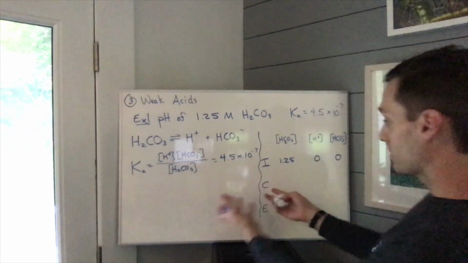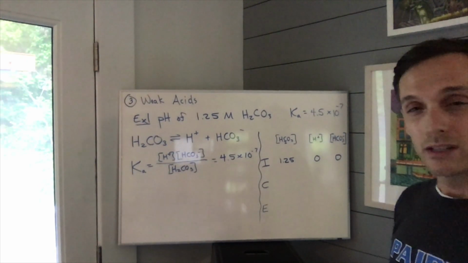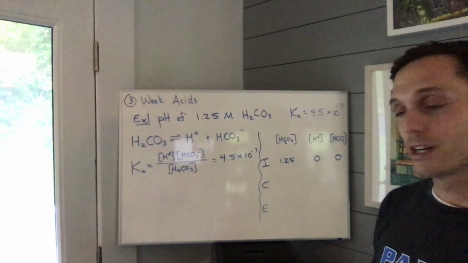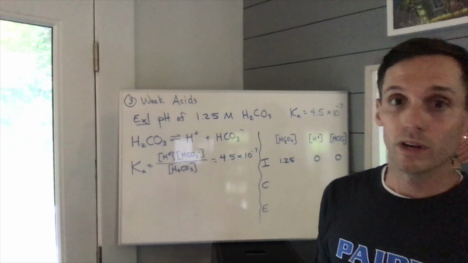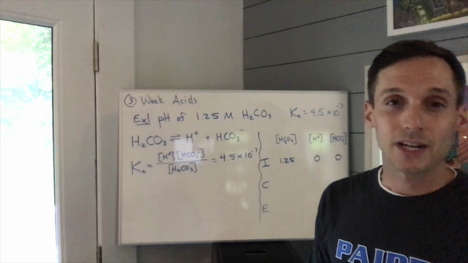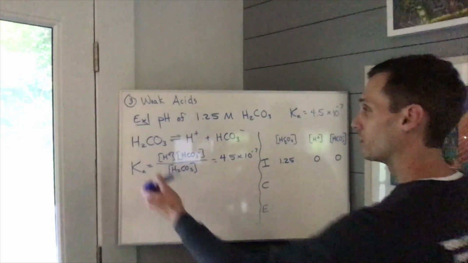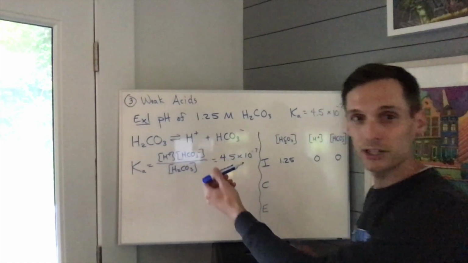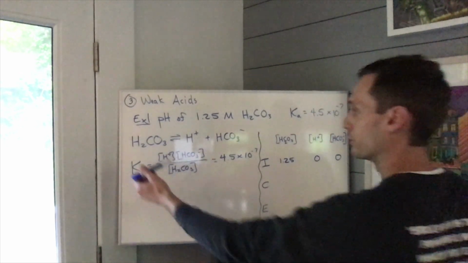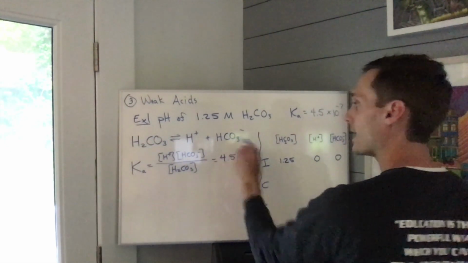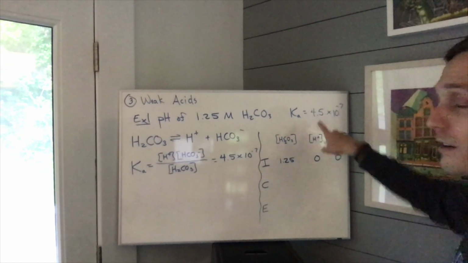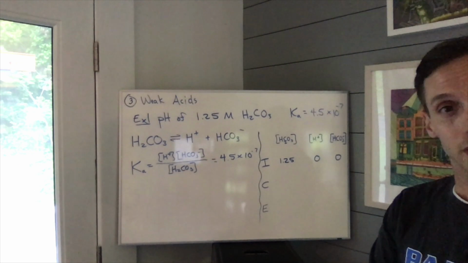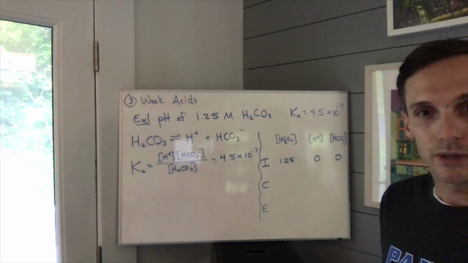Now, the C row is the change, so now we're going to let this reaction occur. In order for it to get to equilibrium, what reaction is going to have to occur? Well, it's going to have to be the forward reaction, right? We're going to have to produce some H plus and HCO3 minus. It's not going to be a lot because of a tiny, tiny equilibrium constant, but some of it is going to happen.